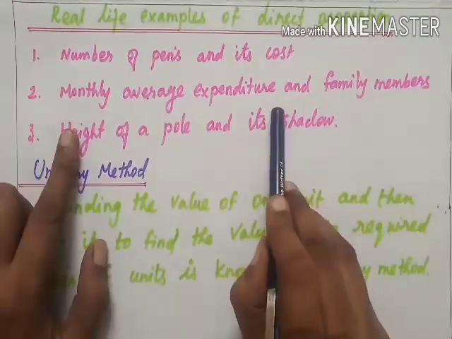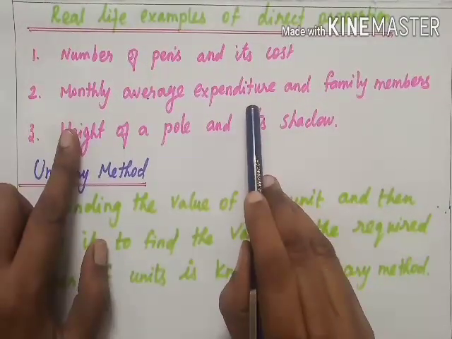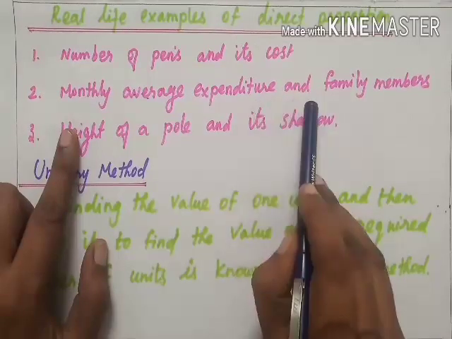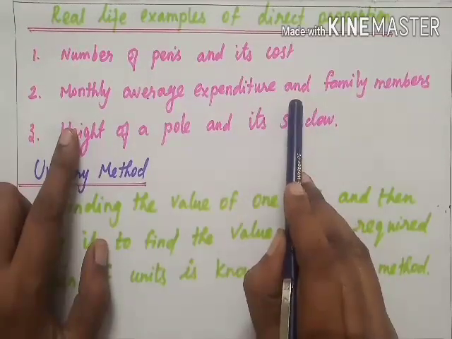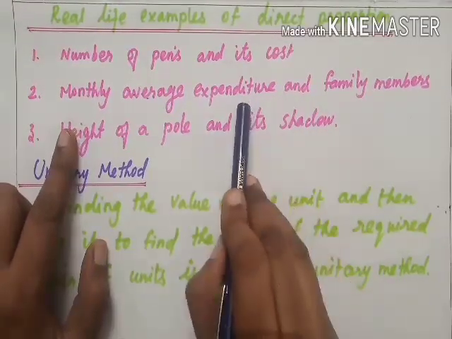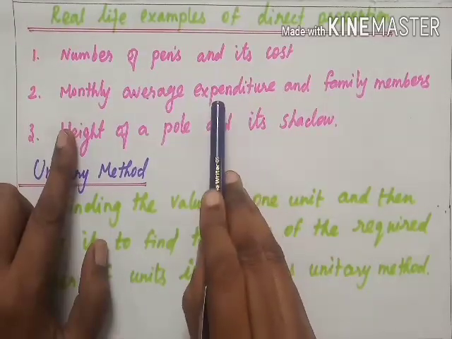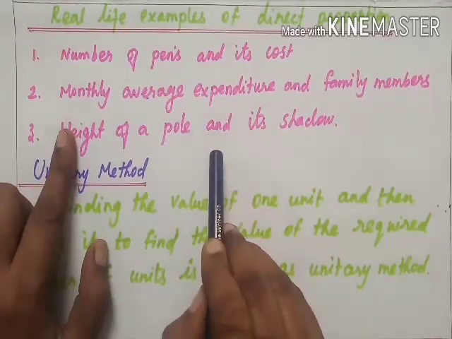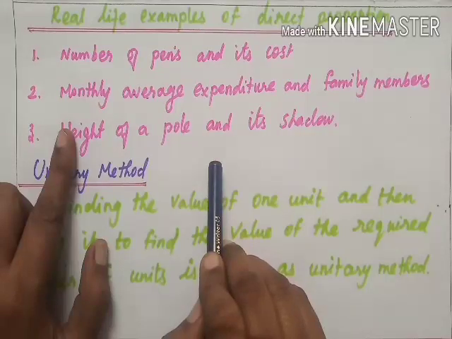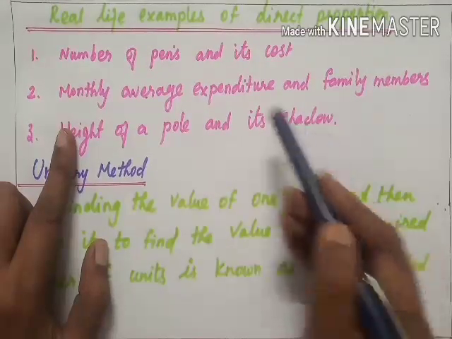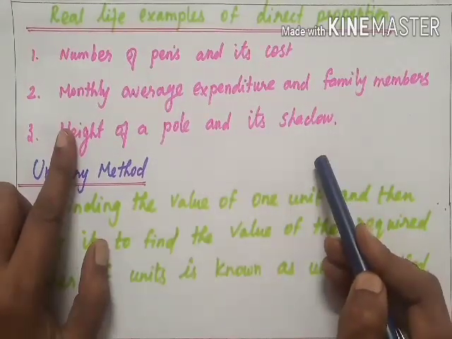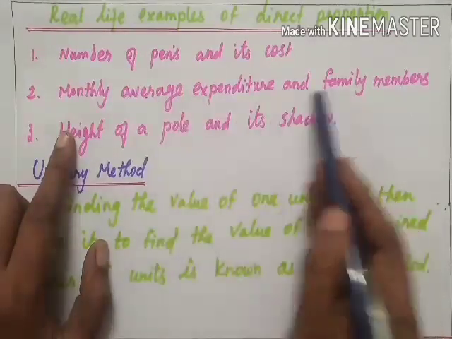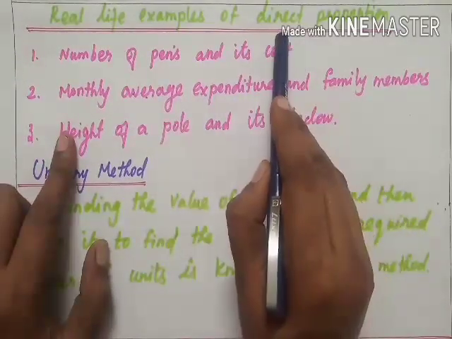Suppose this month in our family only 4 members are there, and the expense for that month may be, for example, 10,000. If relatives come to our home, and 4 members increase to 8 or 6 members, whatever it may be, the expense will automatically increase. These types of things are called direct proportion.